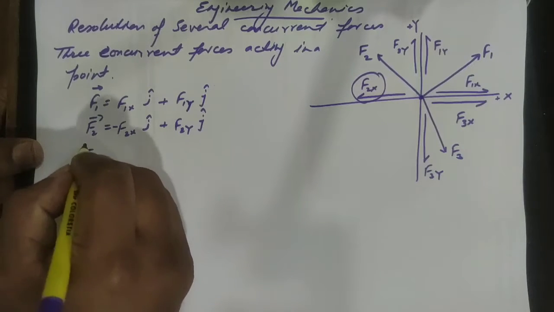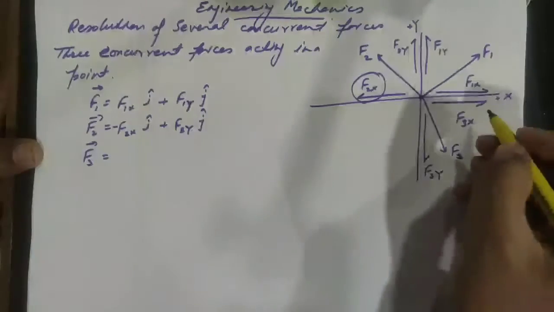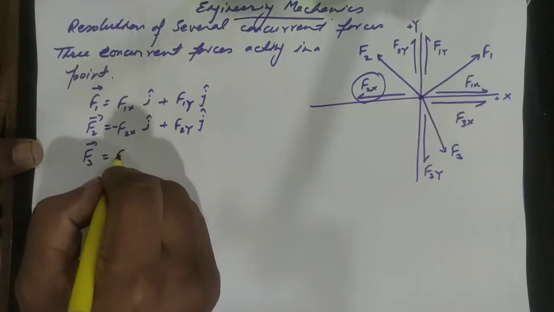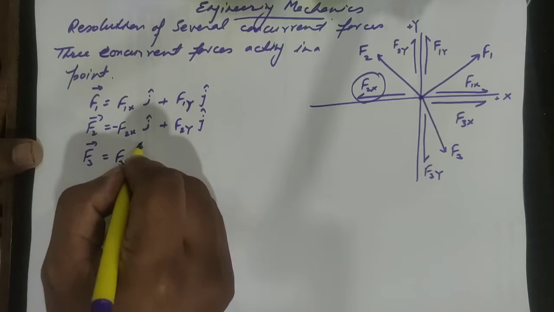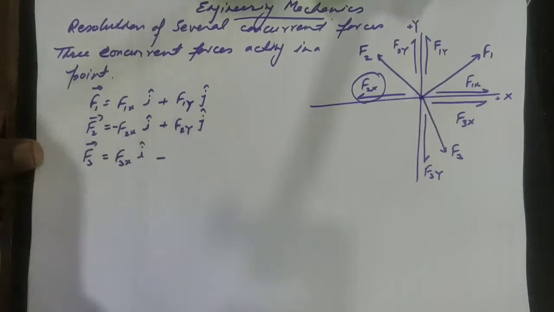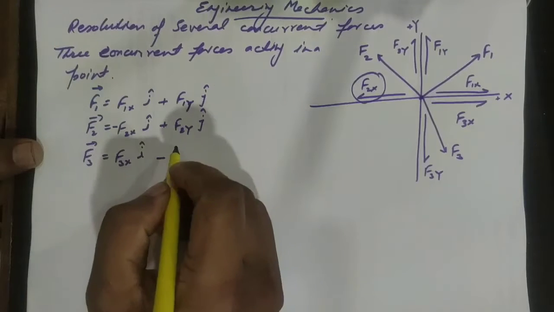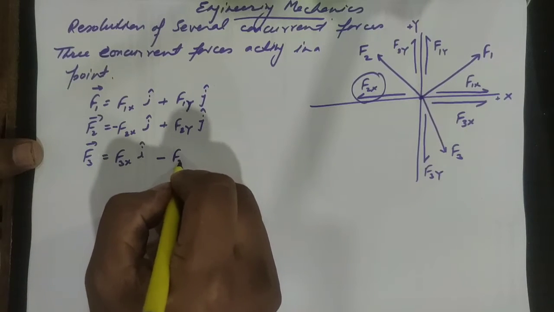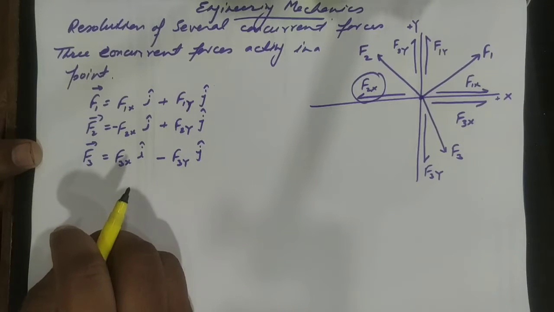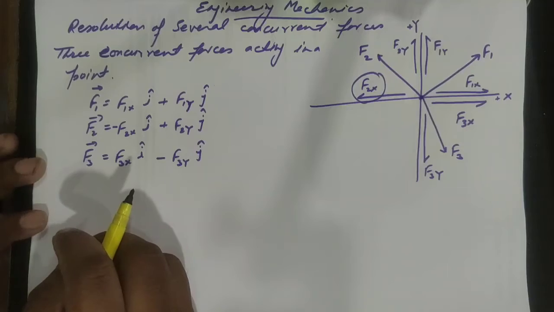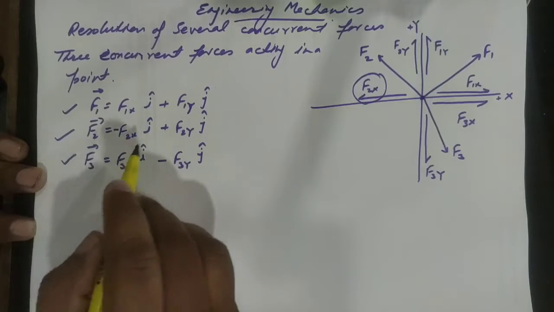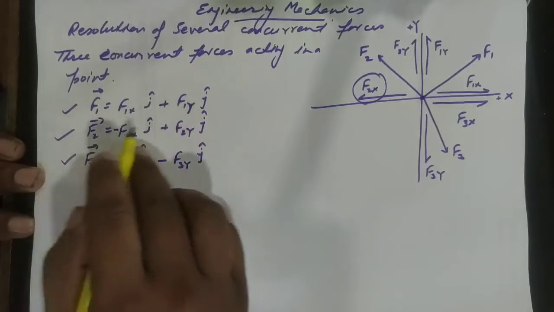Force F3 is equal to F3X I, since one component is going towards positive X, and it is going in the minus Y direction, so it is minus F3Y J. So there are the three forces F1, F2 and F3, and these are the components of these forces.